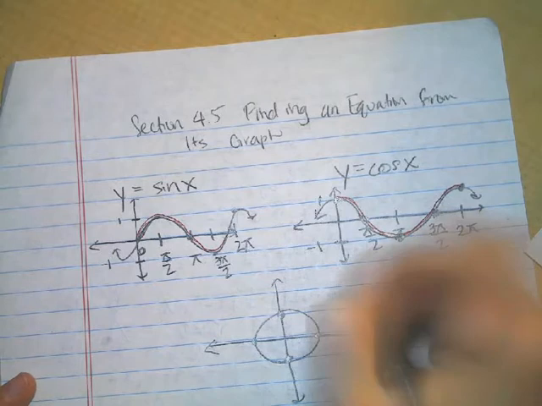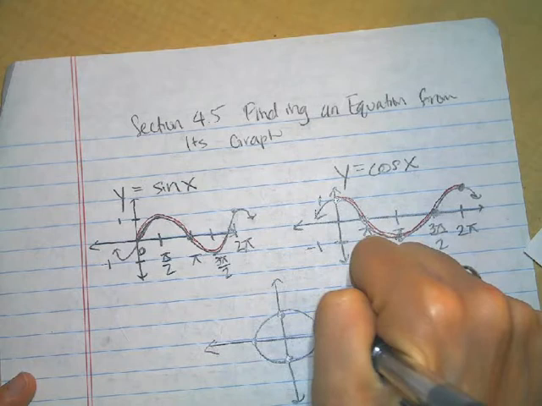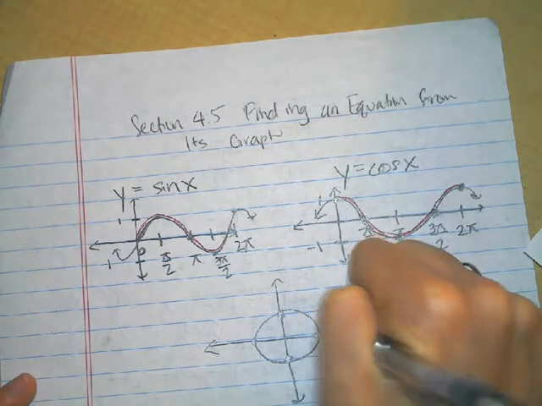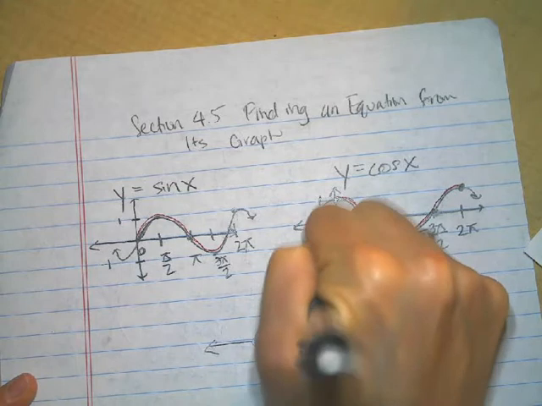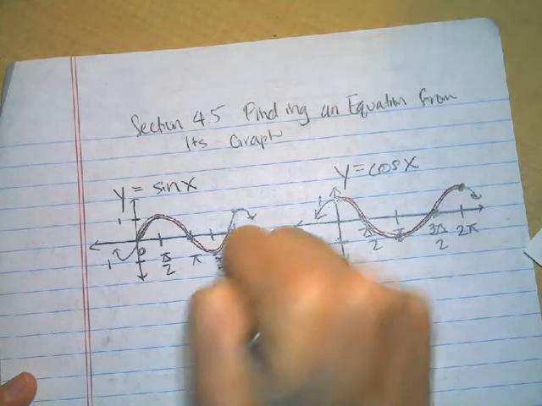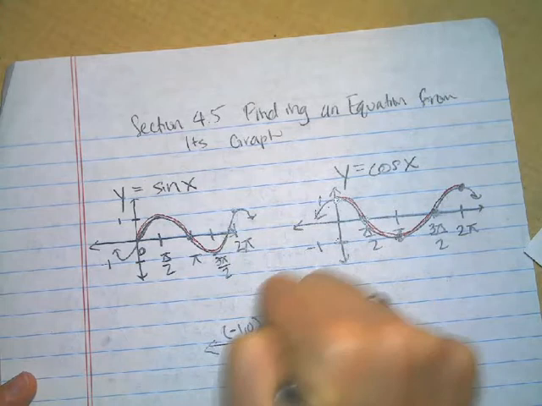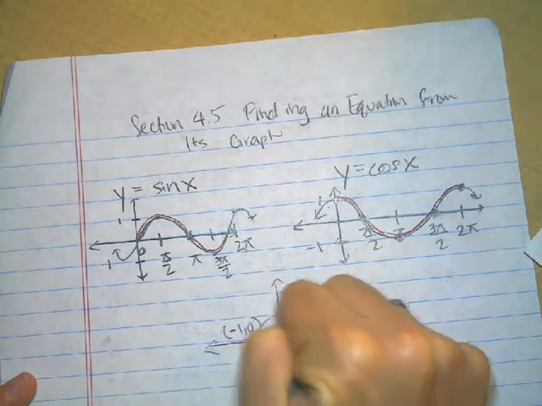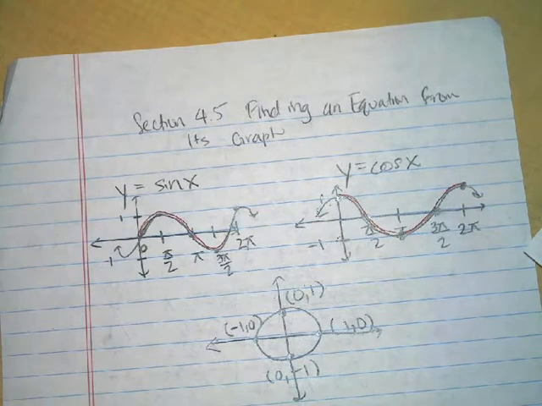So, under sine, I'm going to put sine 0, sine pi over 2, sine pi, sine 3 pi over 2, sine 2 pi. Okay, so what we are doing is tracing the circle. Now, is sine the x value or the y value? The y value.